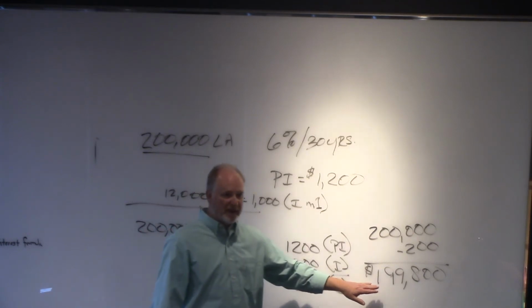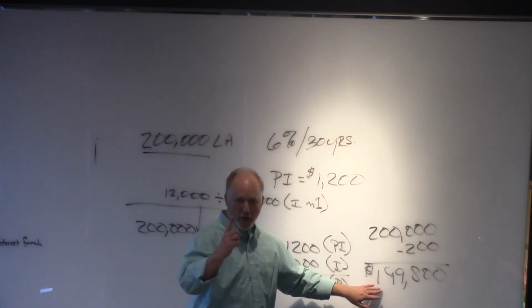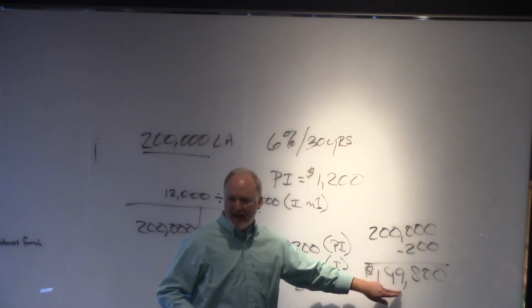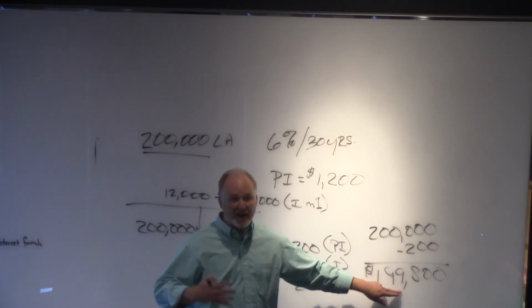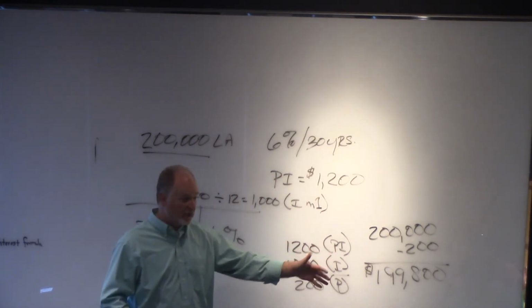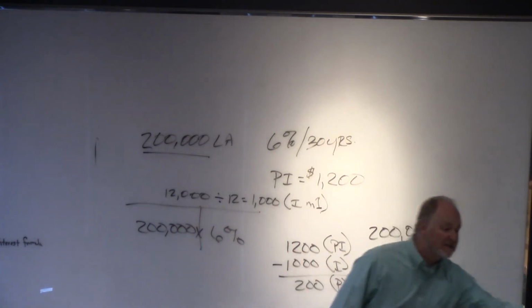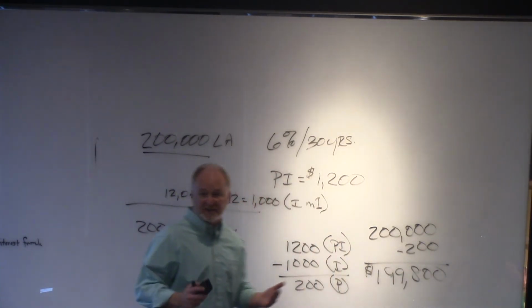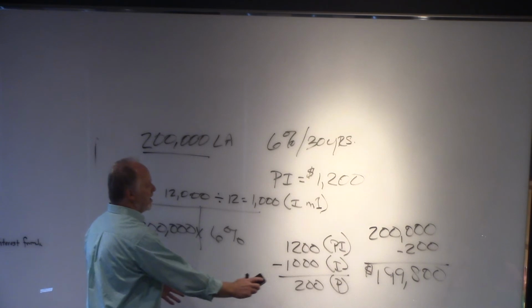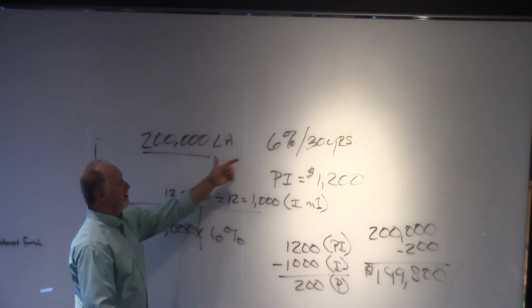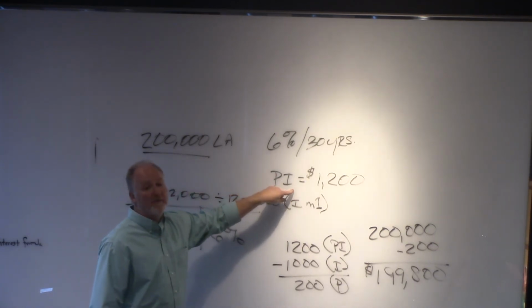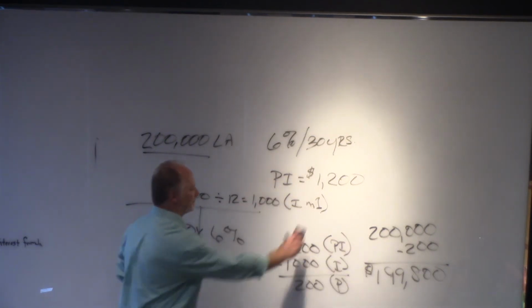Let's talk about what changes and what stays the same. Would you agree with me that after you finish month one, you owed $199,800? Does everybody agree that that's what we just found? Give me 1 second to erase. Let's talk about what's different and what's the same. The interest rate's the same. The monthly payment's the same, right?